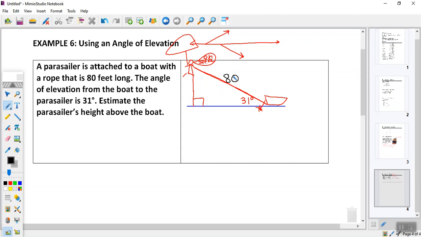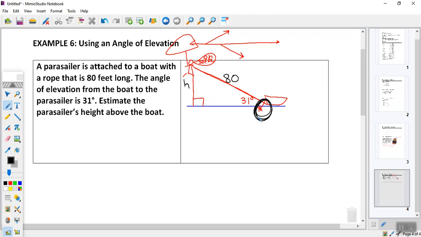What are we trying to find? The length right there. So kids, first question when you're trying to solve parts of these right triangles, ask yourself, where's my reference angle? What do you want to make your reference angle? 31. So we're going to reference everything from down here, at this angle. How is the h related to our reference angle? It's the opposite leg.